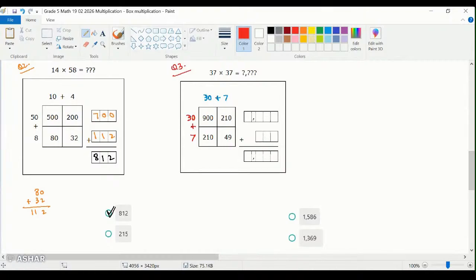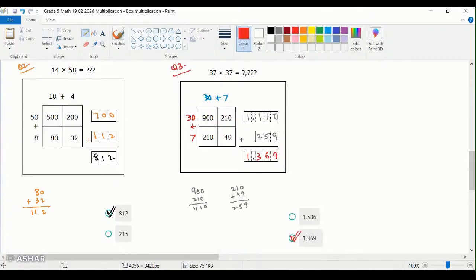We can say 900 plus 210, 1110, and 210 plus 49, 259. Option number 2. Perfect. Thank you. This is 1369. Okay. It's quite easy, right?